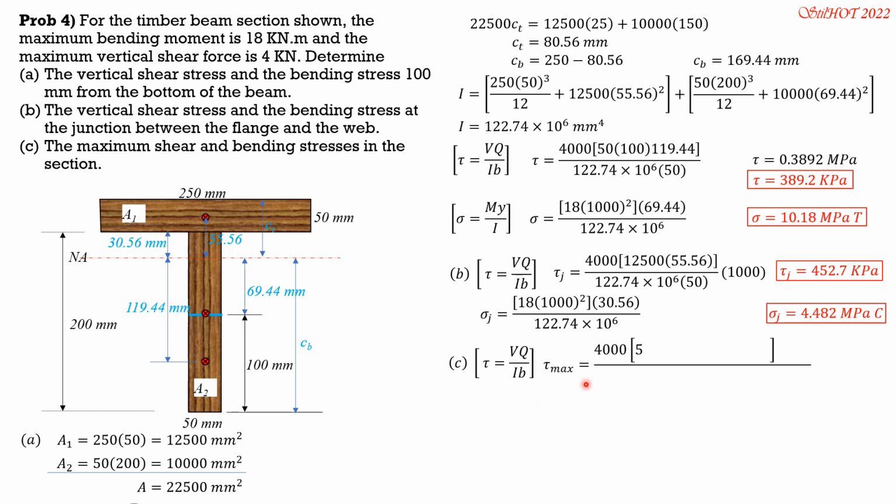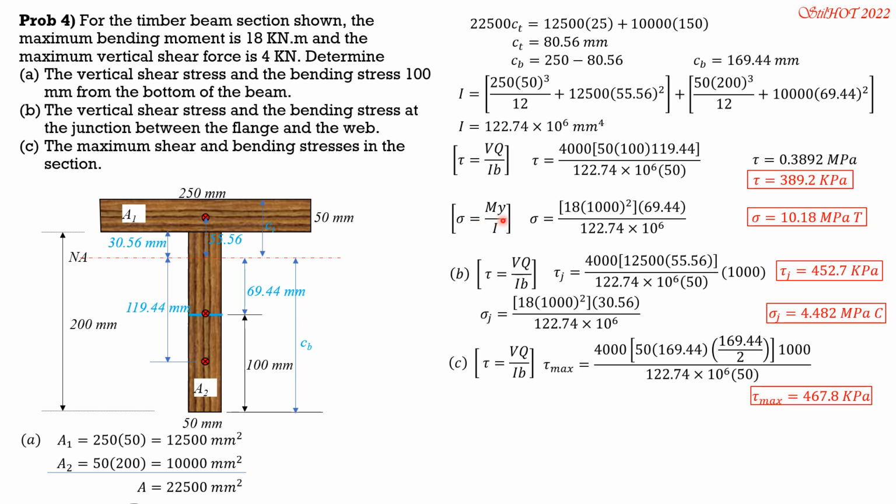So tau max equals 4000 times Q, which is 50 by 169.44 times 169.44 over 2, times 1000 to convert to kilopascals, then divided by 122.74 times 10 to the 6, the moment of inertia, times 50. So tau max is equal to 467.8 kilopascals.